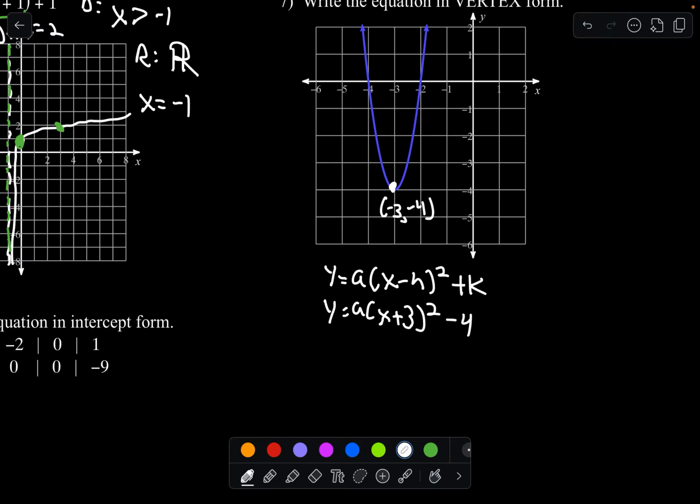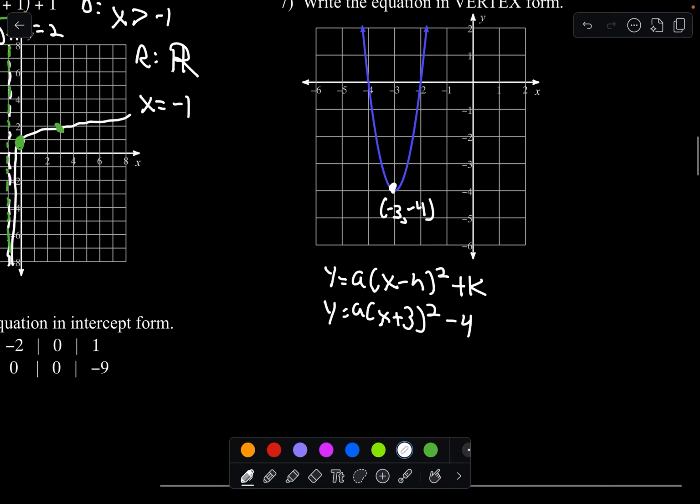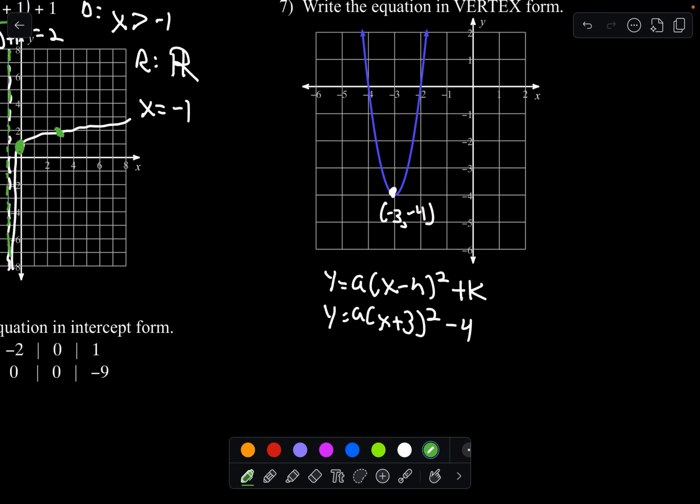So we have this. Now we need to figure out what a is, the stretching factor. Easiest way to do this is to choose any other point besides the vertex and plug it in to solve for a. So I'm going to choose negative 2, 0. When x is negative 2, y is 0.